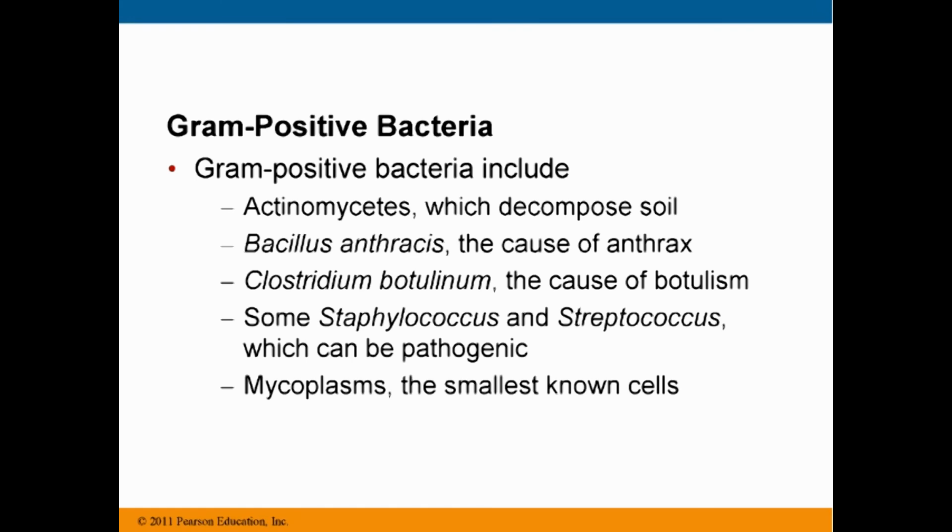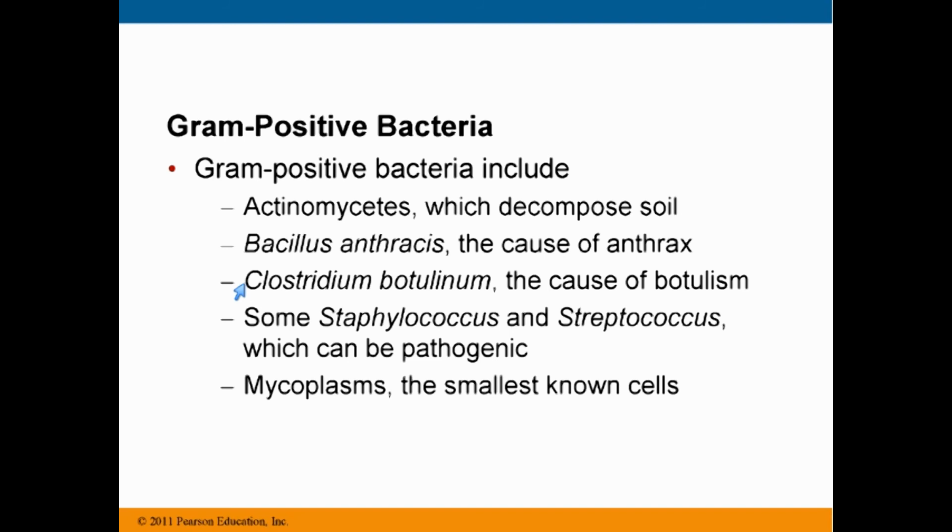Gram-positive bacteria, and there's several examples of these. Actinomycetes, which is fungal-like as well. Bacillus anthracis, which causes anthrax. Clostridium botulinum, these you would need to know the genus and the species. Clostridium botulinum causes botulism, which comes from those dented cans. Staphylococcus and streptococcus, which can cause sickness, strep throat.